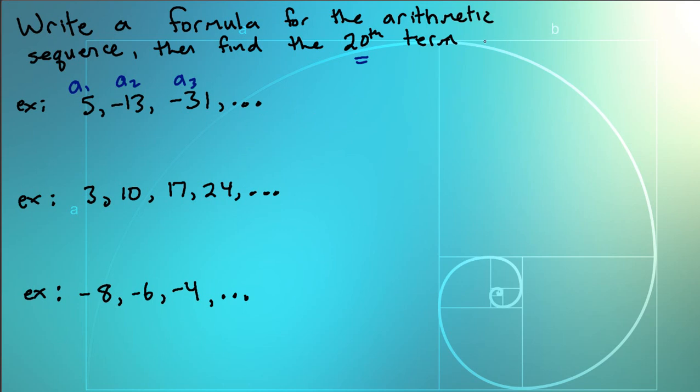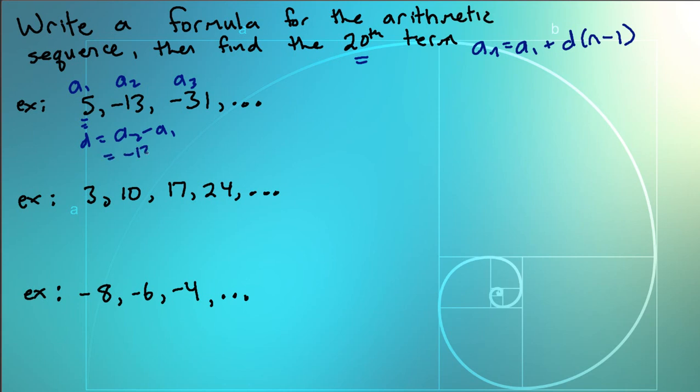So our formula for this, just to put it up where it's handy, is A_n equals A_1 plus our common difference times (n minus 1). So we already know the first term, so that's 5, but we need our common difference. And remember, to find our common difference, if we know it's arithmetic, we just take our second term and subtract our first term.